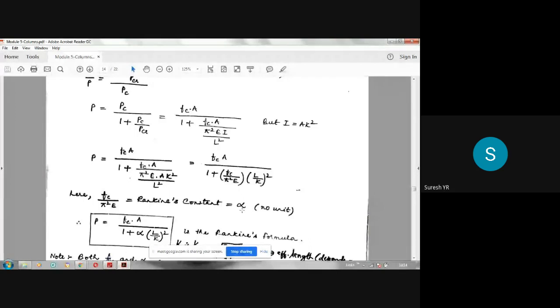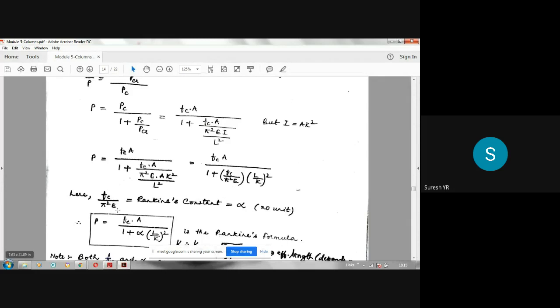It has no units. So here, this FC by pi square E is called Rankine's constant, and it is constant for a given material of the column. For a particular material of the column, this constant is the same.